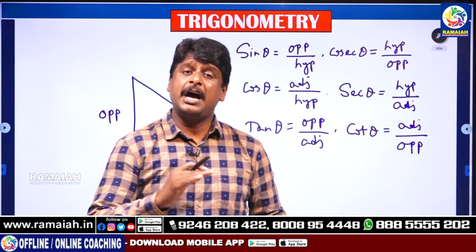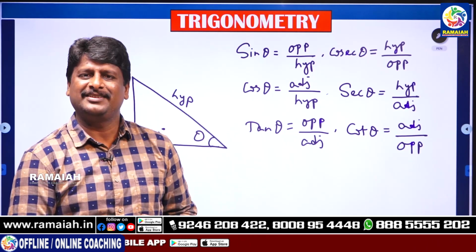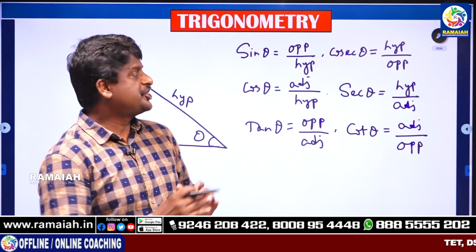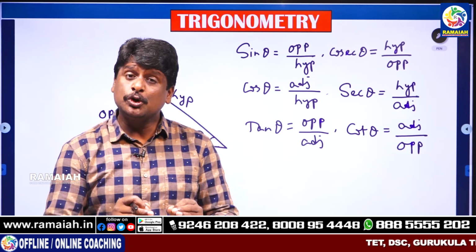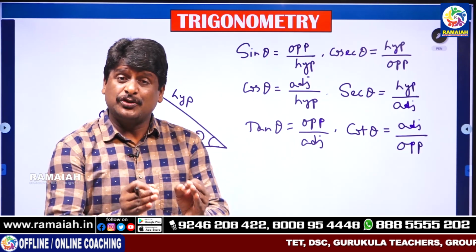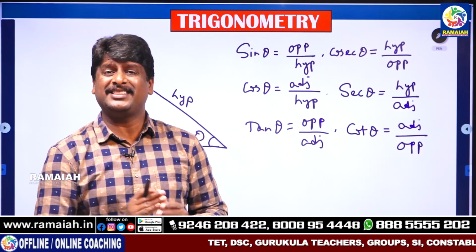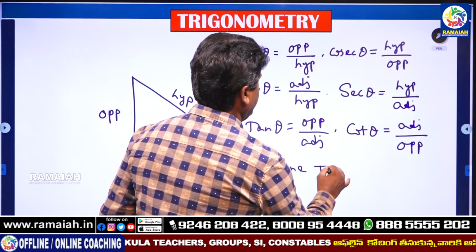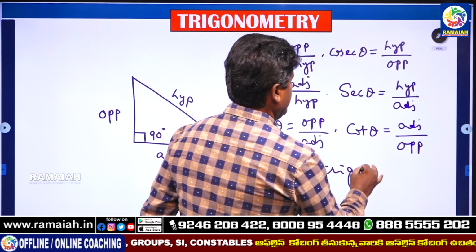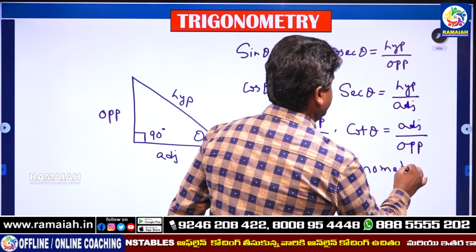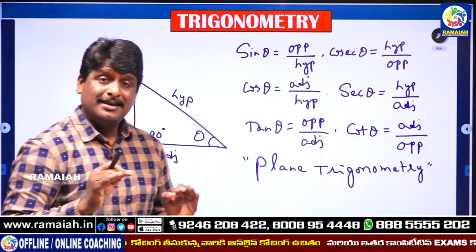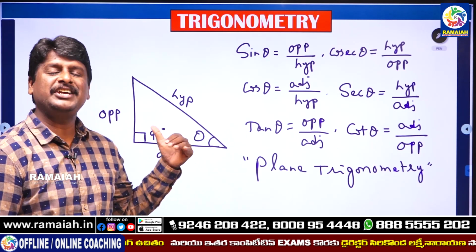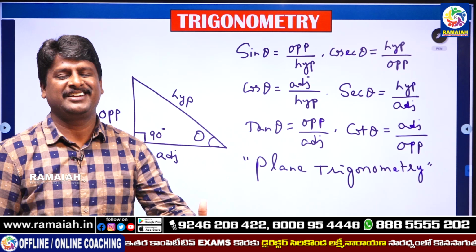Why? Because up to 10th class level, according to students' knowledge, trigonometry is actually restricted trigonometry, that is known as plane trigonometry. Plane trigonometry is restricted to just a right-angled triangle.